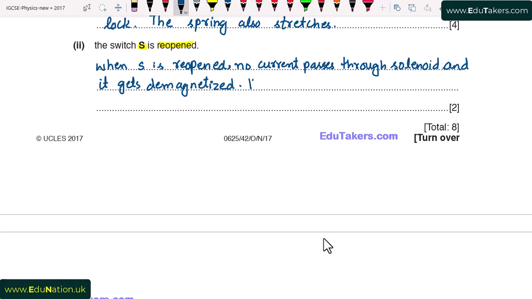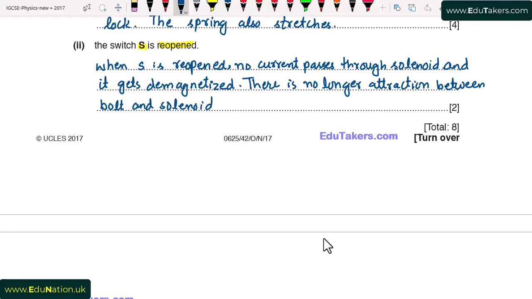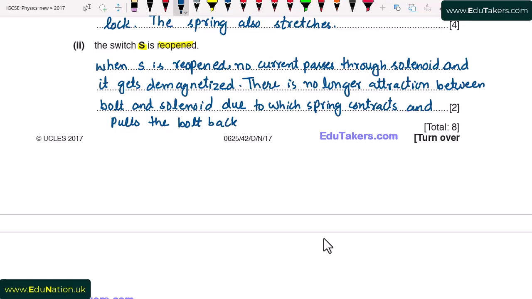There is no longer attraction between the iron bolt and solenoid, due to which the spring contracts and pulls the bolt back, and takes it back to the original position.